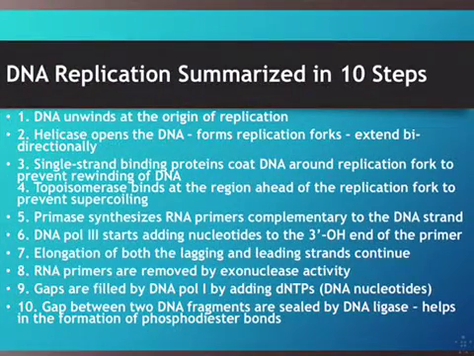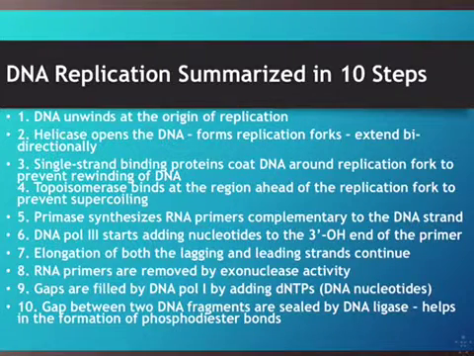So here is a summary of everything in about 10 steps of what happens in this DNA replication. It's a good summary, but remember that's just it. It is a summary. Some of the details are missing and this is a great first step for studying, but you will need the details come test time.